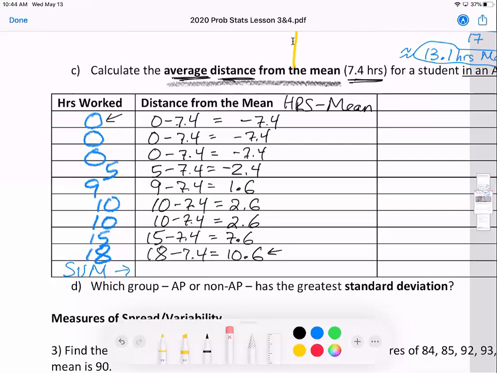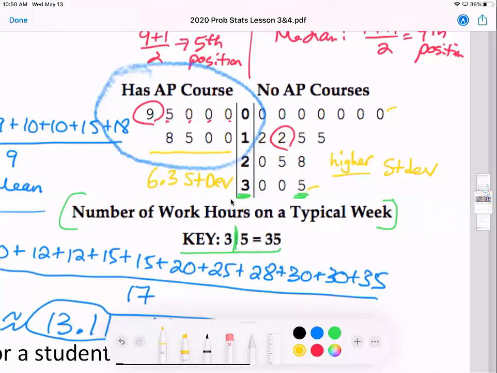I hope that you guessed higher, because there's a lot more variability, right? The range is much, much bigger, whereas this group is more compact. So this is going to have a higher standard deviation. And if we were to calculate that standard deviation, we actually get 13 from the calculator. So it has about double the standard deviation.